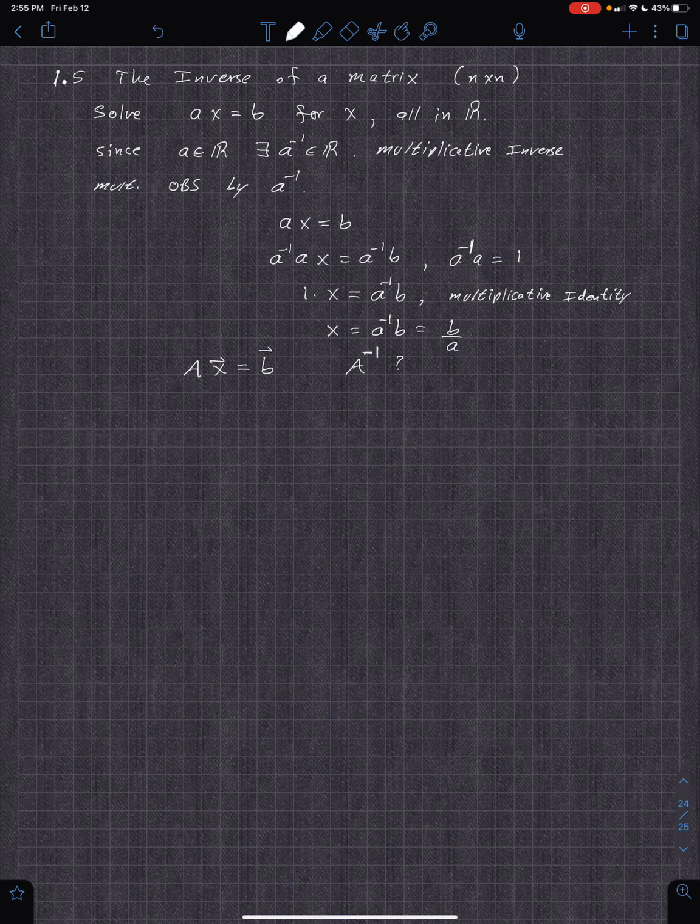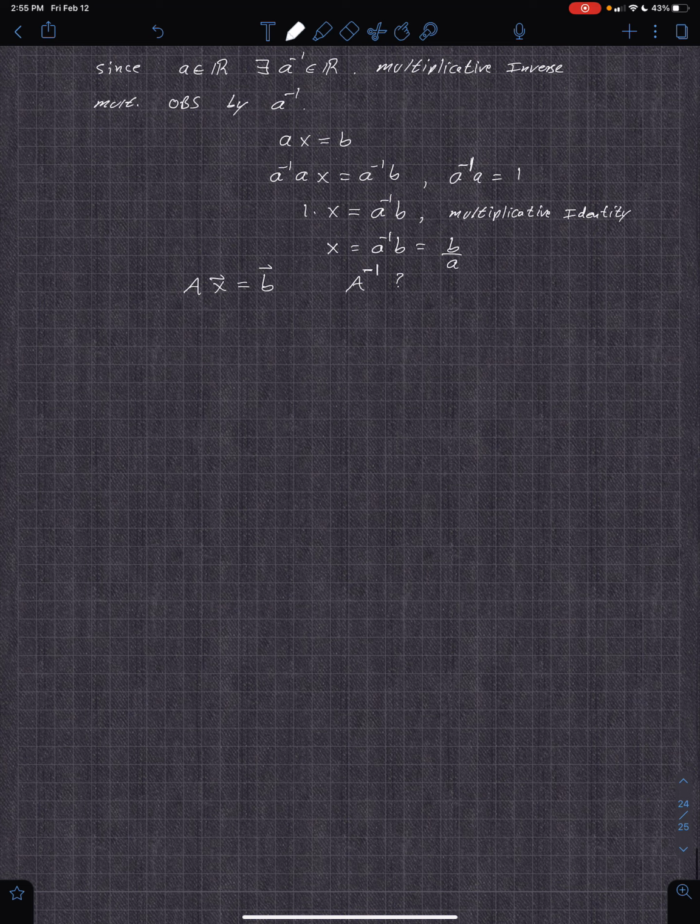So let's look at this then. For a system of equations with n unknowns, x1 to xn, we can express the system in matrix form, as I did above.